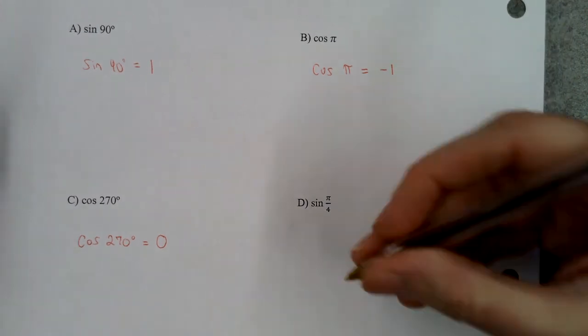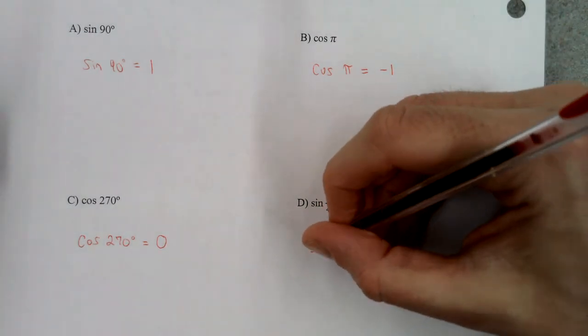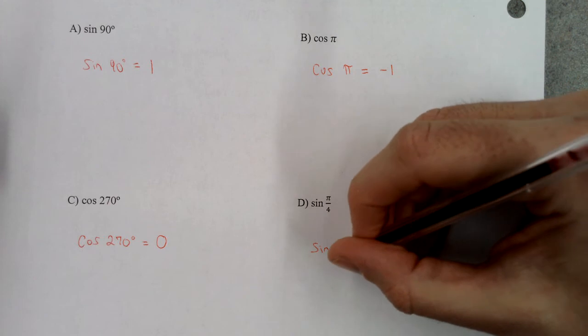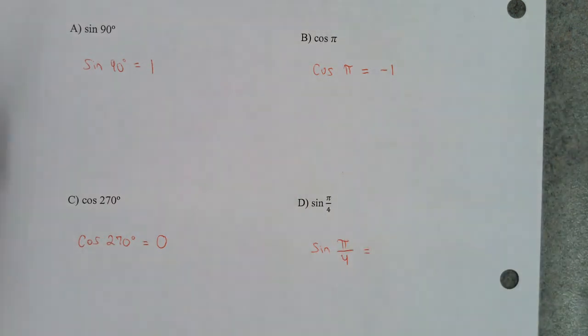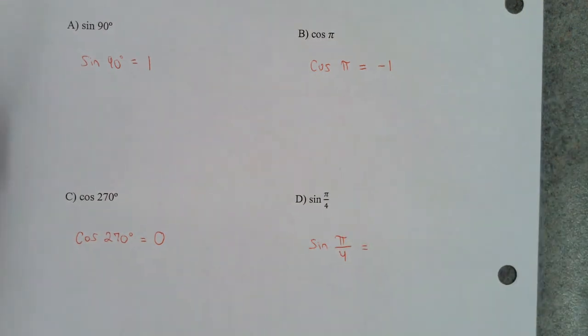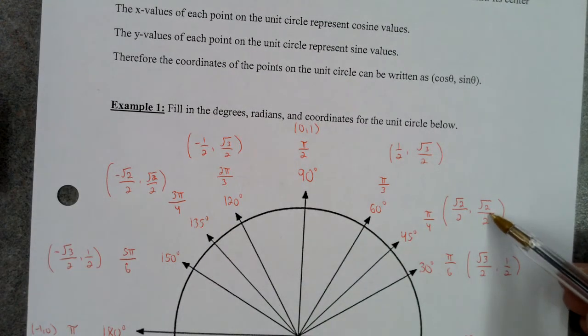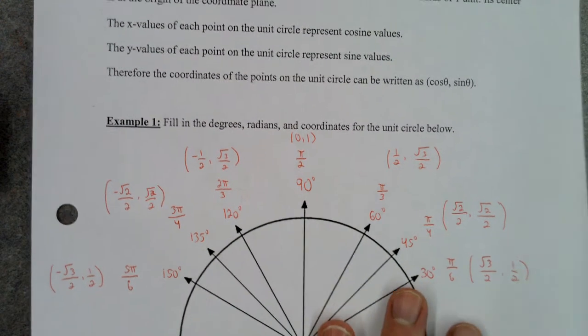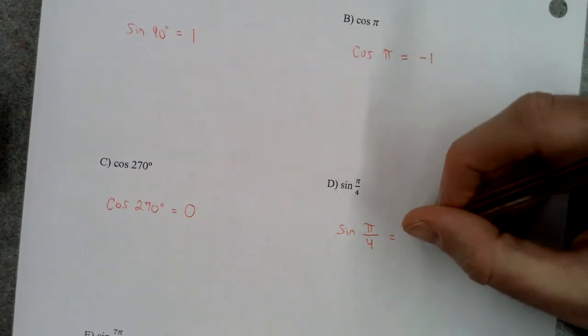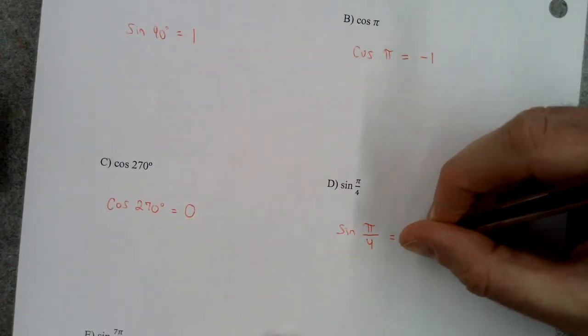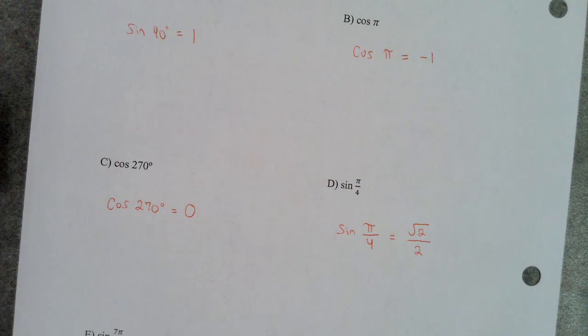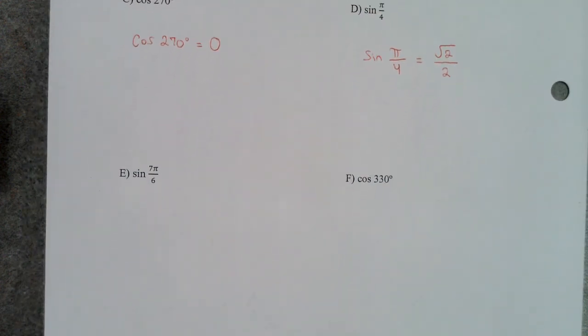Sine of pi over 4 is next. Sine is the y value. So what's the y value for pi over 4? Square root of 2 over 2. Sine of 7 pi over 6.